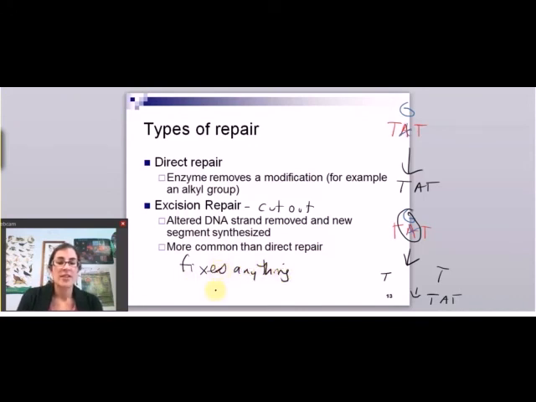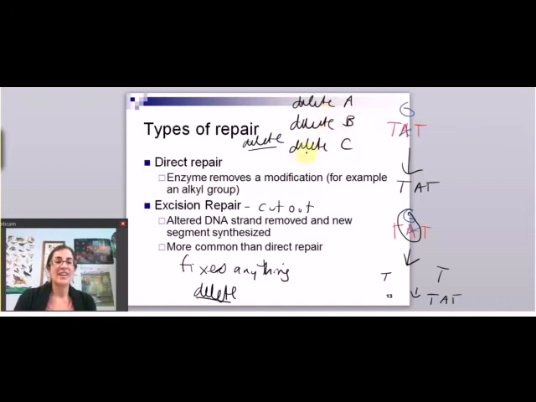So this is analogous to your delete button, right? You can delete and then fill in with whatever you want. Imagine if you had a keyboard where instead of hitting delete, you had to have 100 buttons. One button was for delete A, another button was for delete B, another button was for delete C. So for every letter of the alphabet, you'd have to have a different delete button.